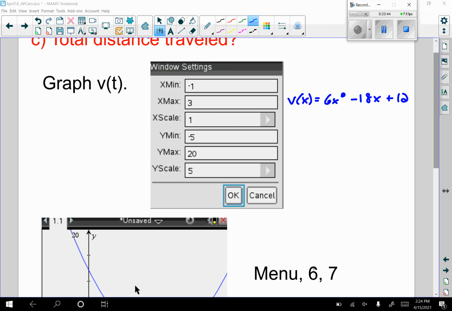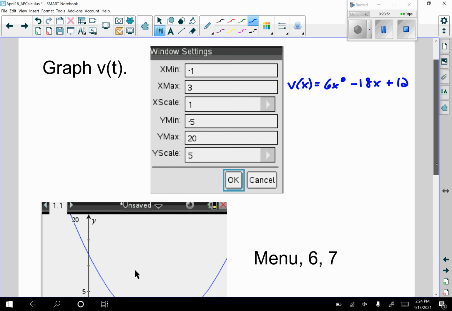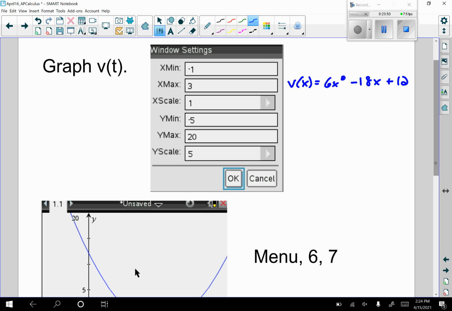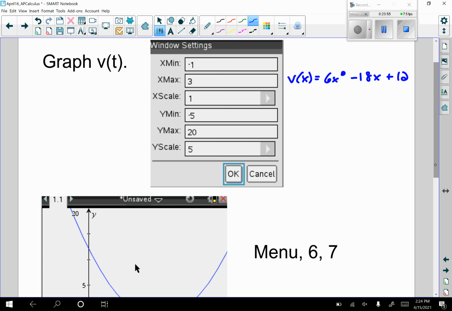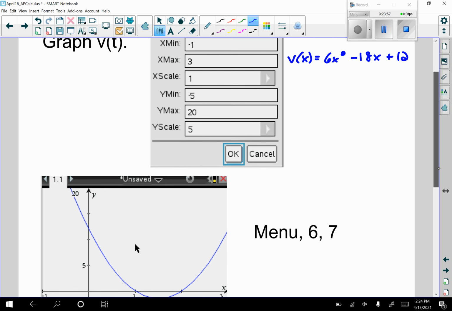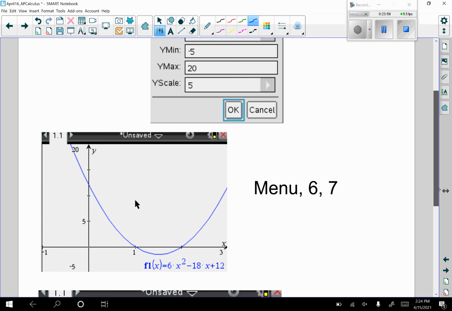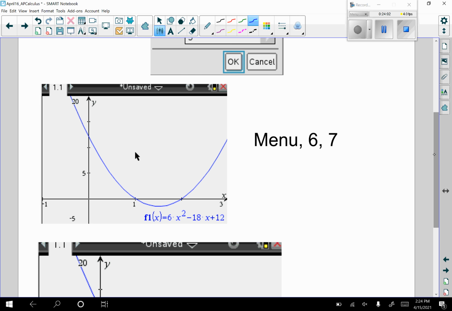So menu 6 takes us to analyze graphs. 7, at least on my calculator, is the integral. And then once you select that, just go straight as your lower bound from 0 and then go to 2. So that's what your window should look like.